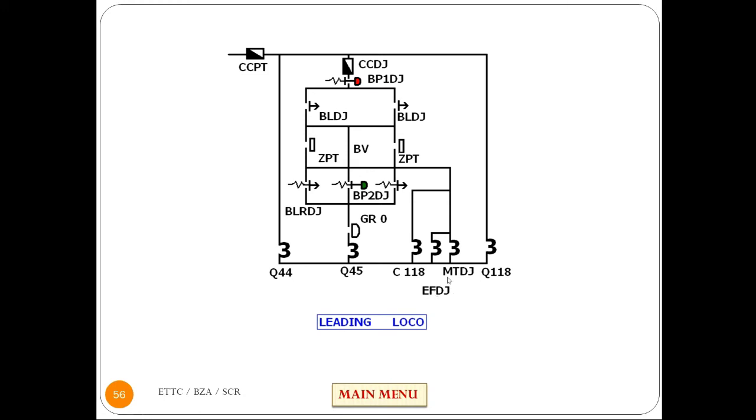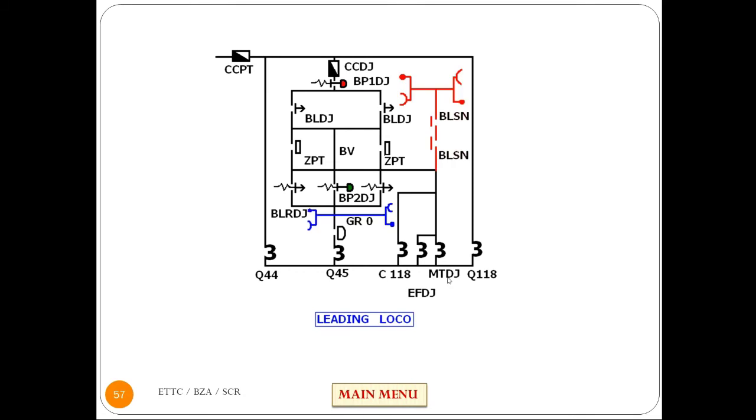Let us assume it is a leading loco. In the leading loco, jumper cables are connected to these branches. It means that one jumper cable is getting supply from the Q45 branch and another one from the common branch of MTDJ. Similarly, in the trailing loco, same.